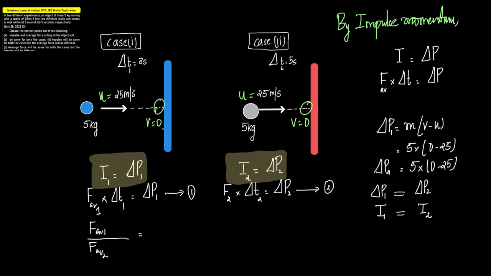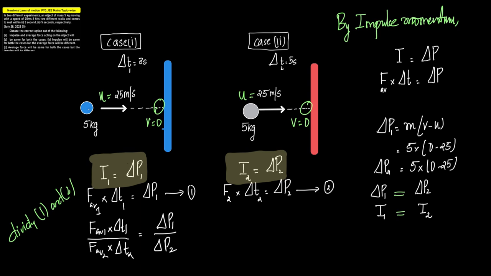Now let us try to see the force part. We know that delta P1 is force average 1 into delta T1, and delta P2 is force average 2 into delta T2. Let us divide these two equations. What we get is force average 1 into delta T1 by force average 2 into delta T2 is equal to delta P1 upon delta P2.